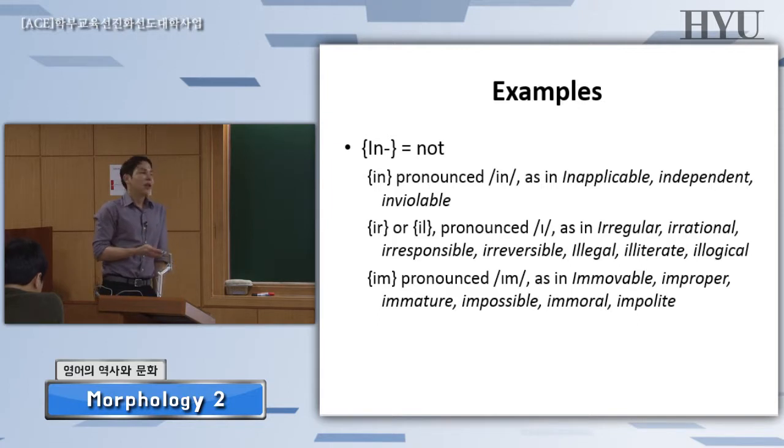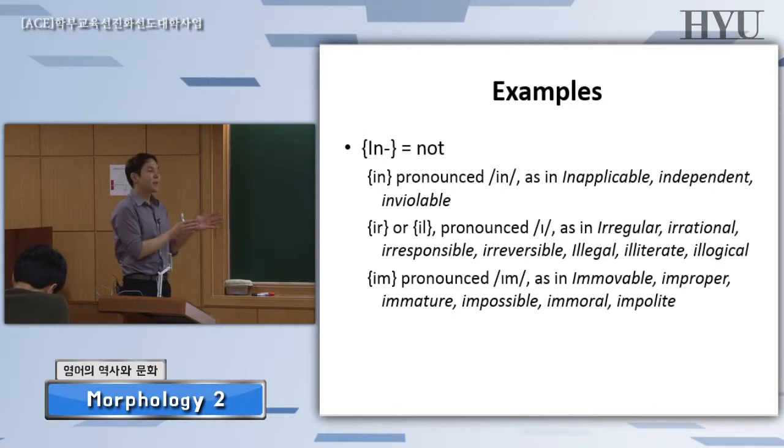Guess the reason. The reason is because all these words begin with R or L. See? So the N changes to R or L depending on the following consonant sounds. This is what we already saw in the previous chapter in phonology. It's called assimilation.